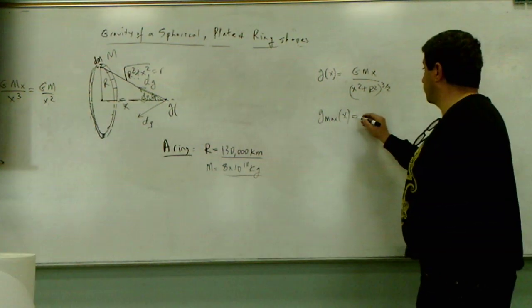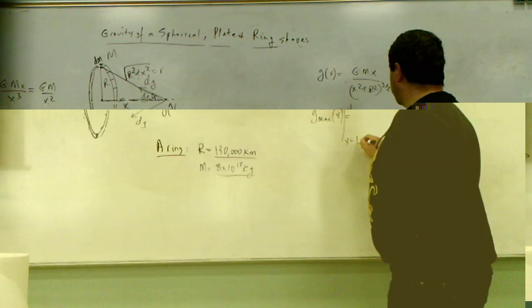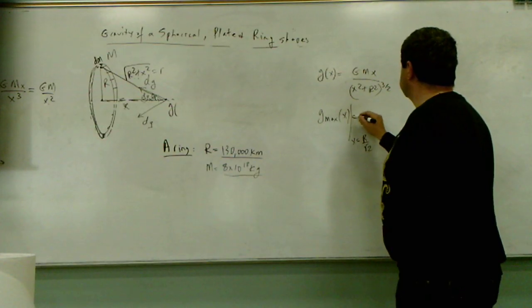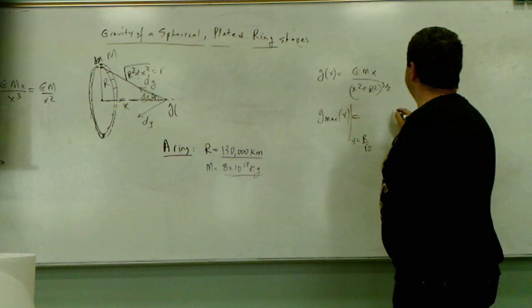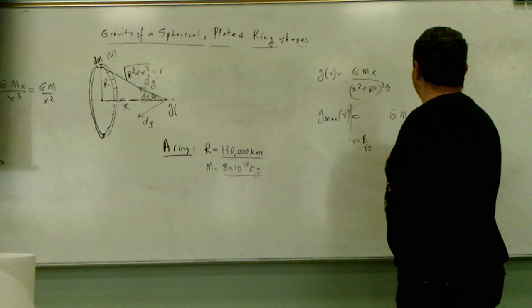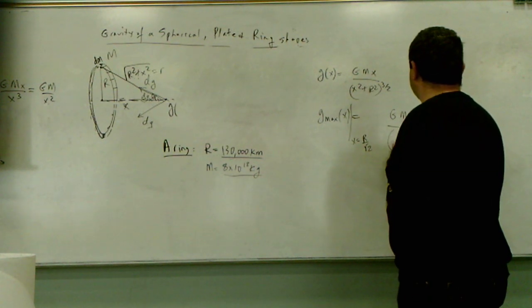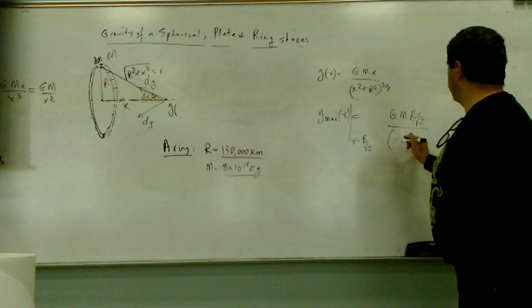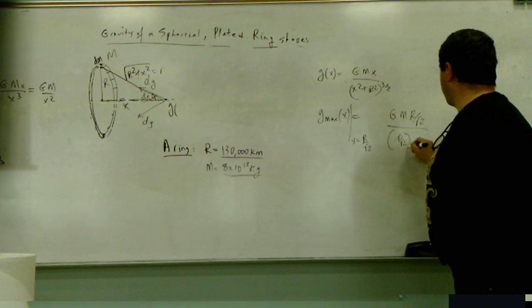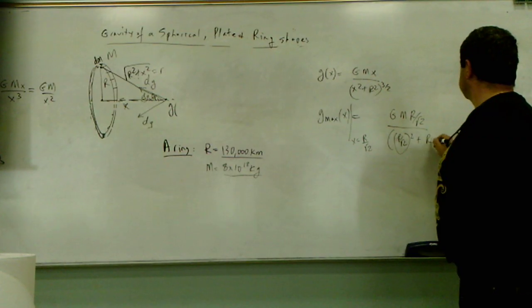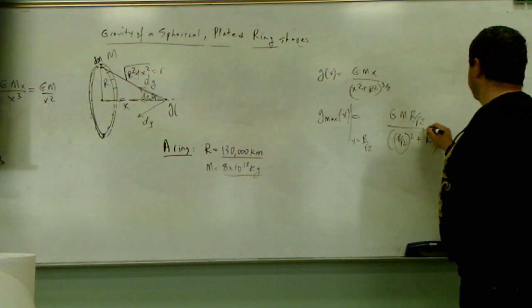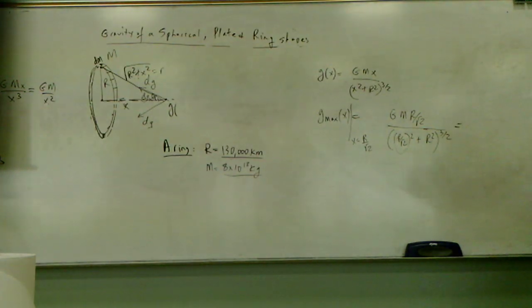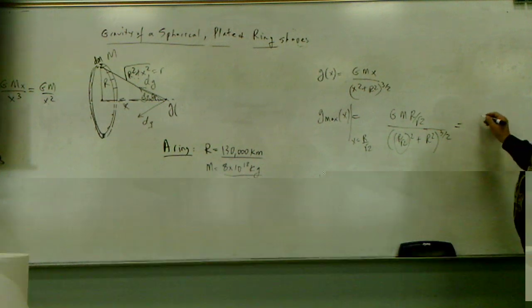So then I would put here x equals r over root 2. GM r over root 2 over r over root 2 quantity squared plus r squared. So that would create the maximum gravitational field, right?